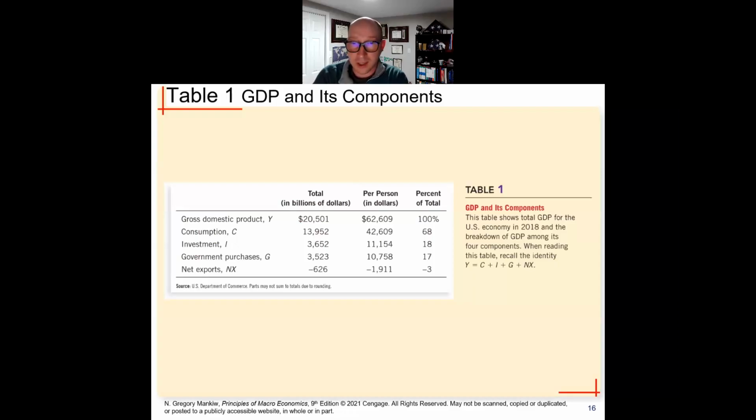I get all those numbers together to equal the 20,501. That's in billions of dollars. So I take that total in billions of dollars and I divide that out by the number of citizens in the country during that time to get it into a per person in terms of actual dollars.